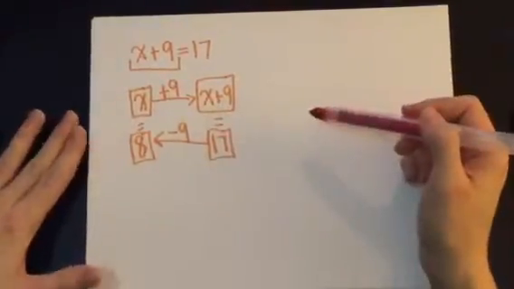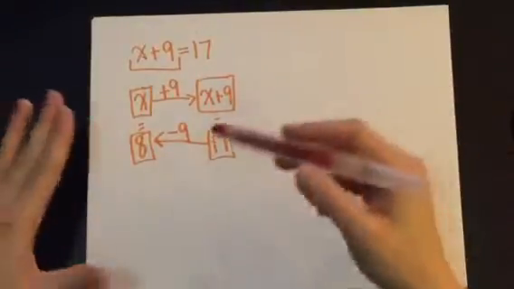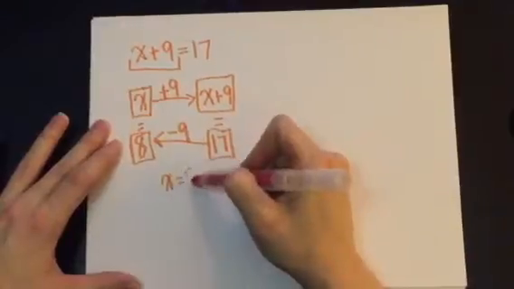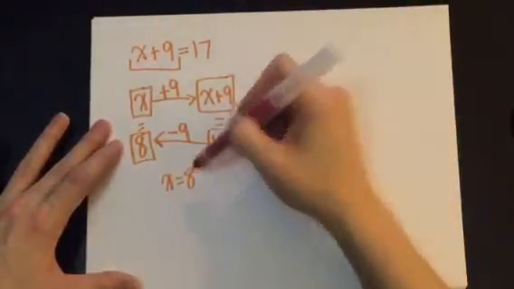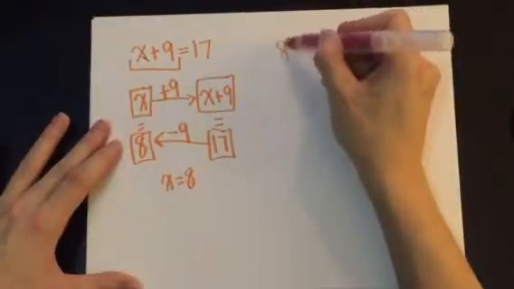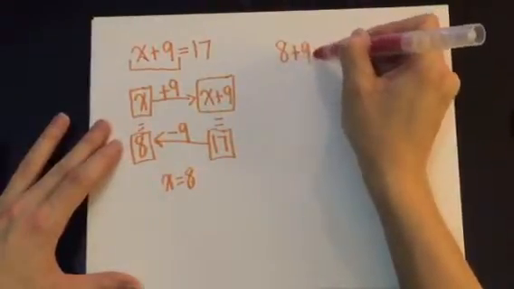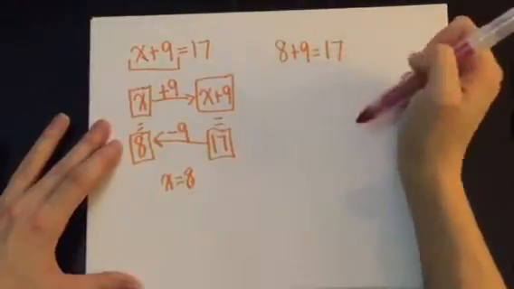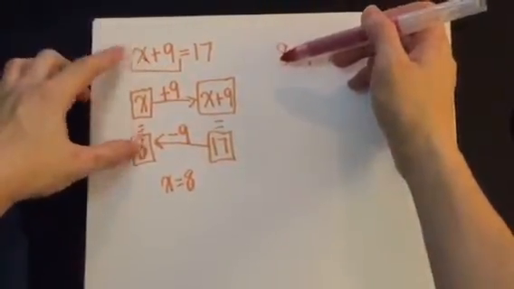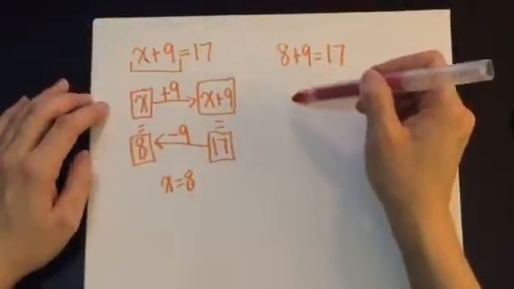Whenever we solve equations, we always want to check. So we take x equals 8 and substitute it into the equation to make sure it works. Instead of x, I'm substituting in an 8.